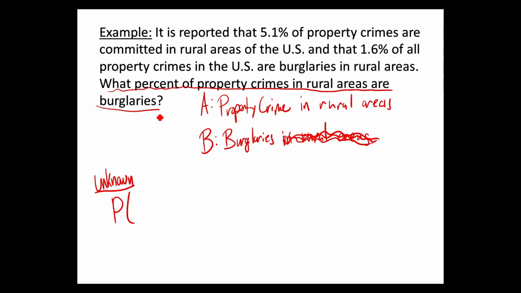Yeah, it looks like what we're interested in is the percent that are both, a property crime in a rural area and a burglary. So what we're looking for here is the probability of A and B. Is that true?